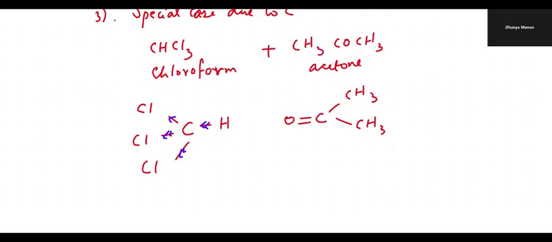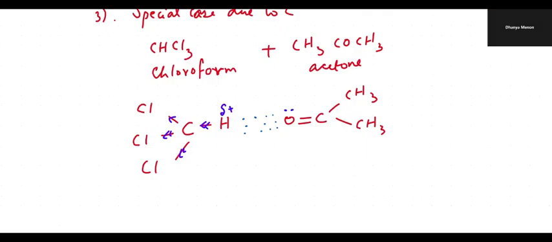Okay, and as a result, hydrogen develops a partial positive charge, and this oxygen has a lone pair of electrons. So definitely what can happen? There can be hydrogen bond. Okay, so this is a special case where the carbon has become highly electronegative, and as a result, there is hydrogen bond between hydrogen and oxygen.